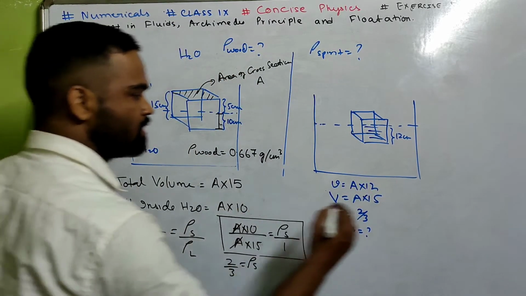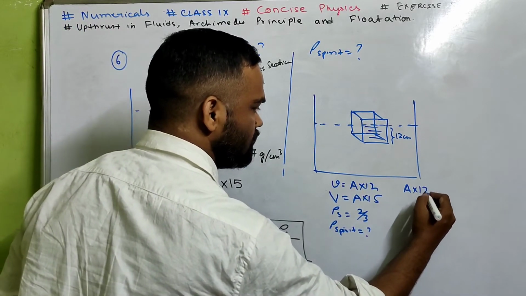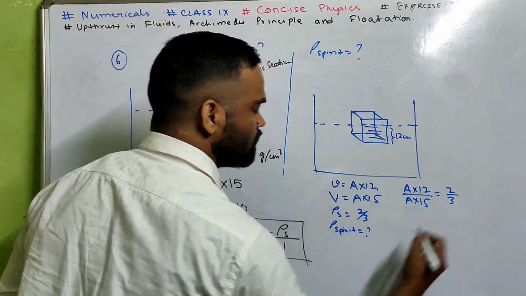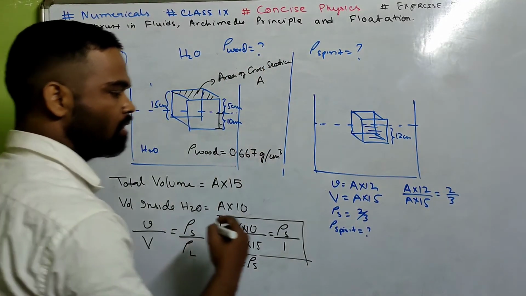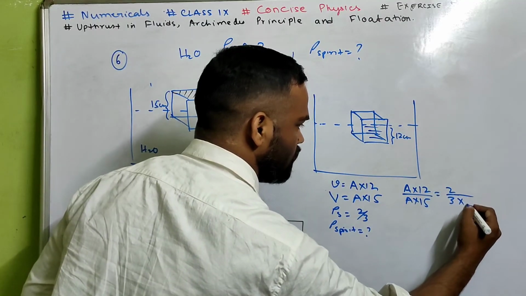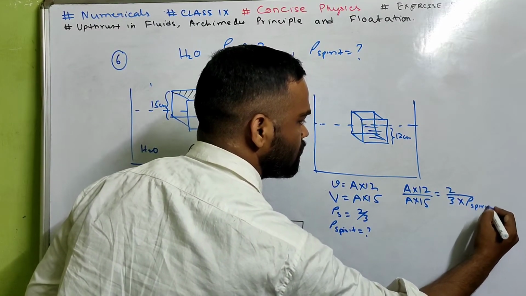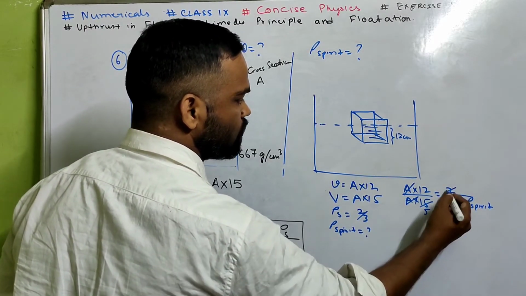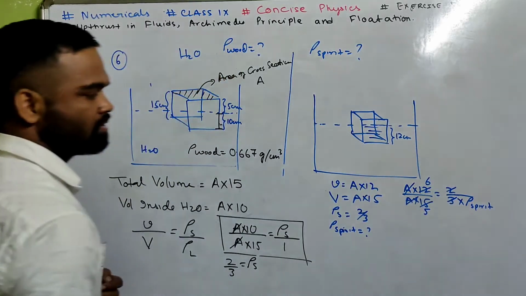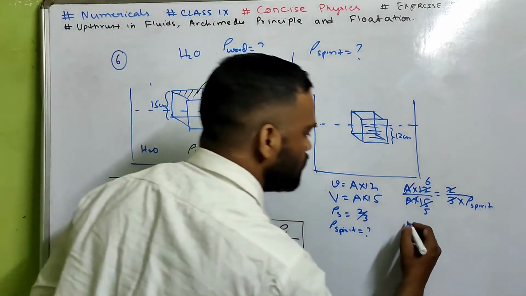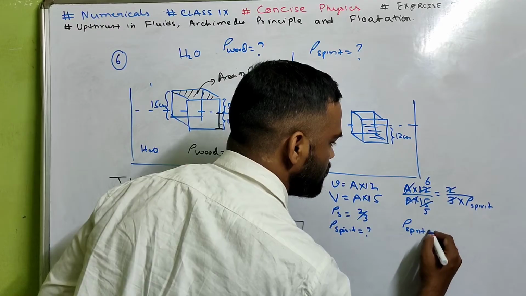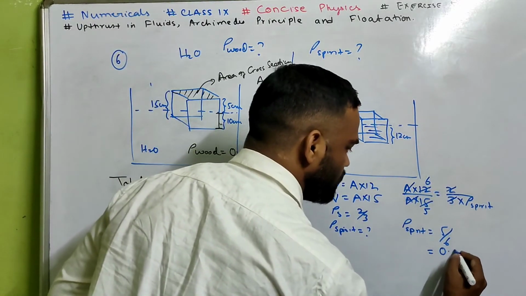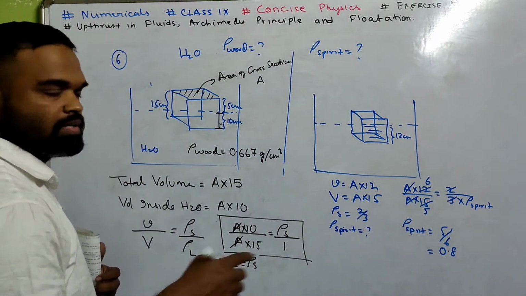Use the same logic. Small v by capital V is density of the block by density of spirit, which we don't know. A cancels out, and the density of the spirit works out to 5 by 6.